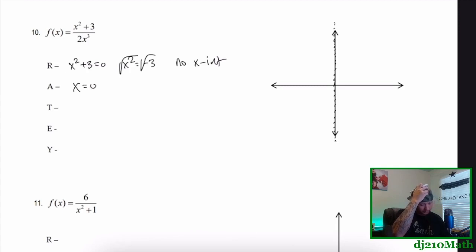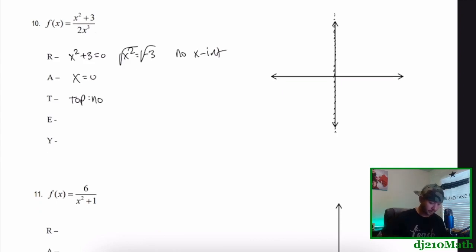All right. So here's kind of a weird one. Is there a square factor in the top or the bottom? So top, no. Is there a square factor in the bottom?